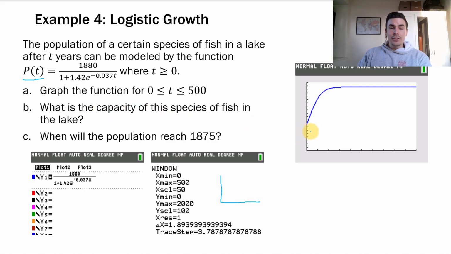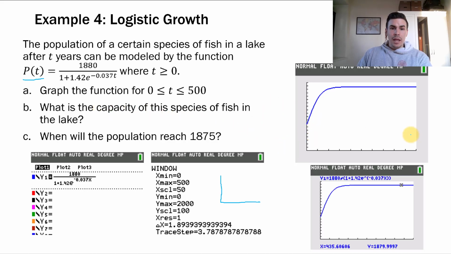You can hit trace on your calculator, and if you trace all the way towards the end, you'll realize that you are approaching, but not surpassing, some y value. As I go further towards 500, I'm approaching but not surpassing 1,880.